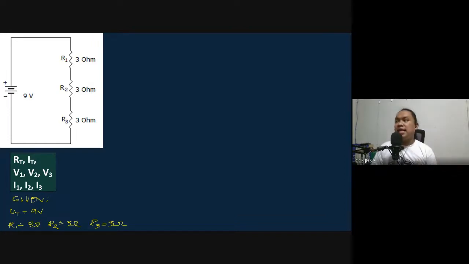Okay, let's start. From the given values, we have 9 volts total voltage, R sub 1 3 ohms, R sub 2 3 ohms, R sub 3 3 ohms. What missing parameter can we solve first? In solving, we can use the formulas from Ohm's law and the conditions given earlier for the series circuit.